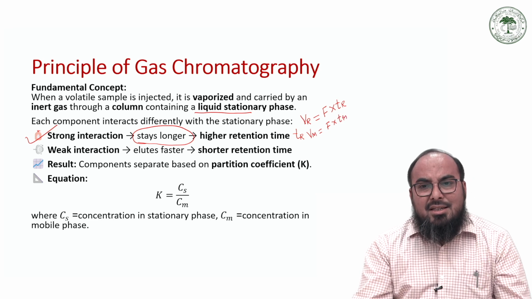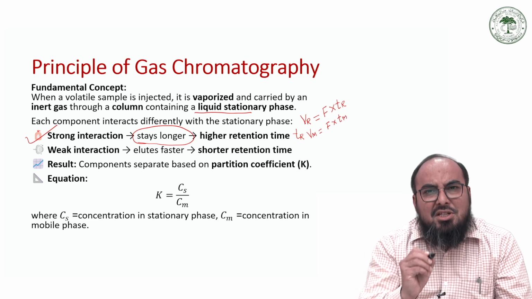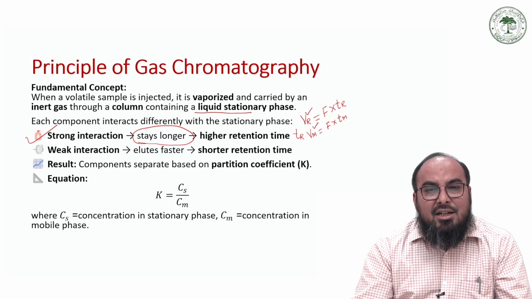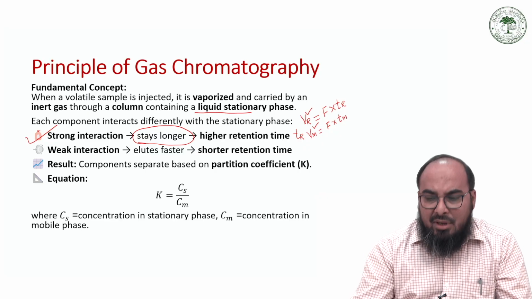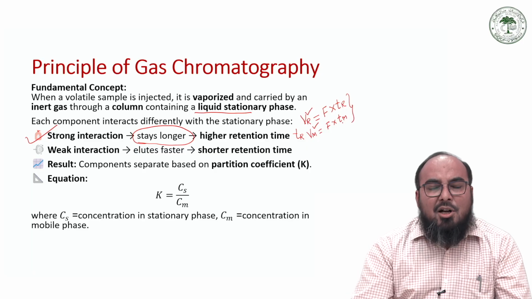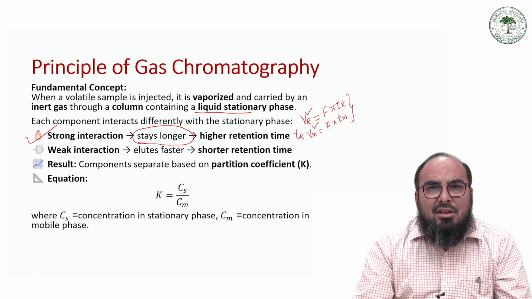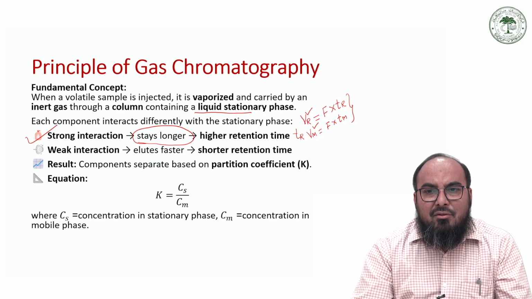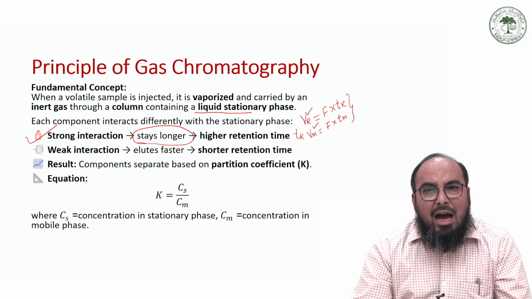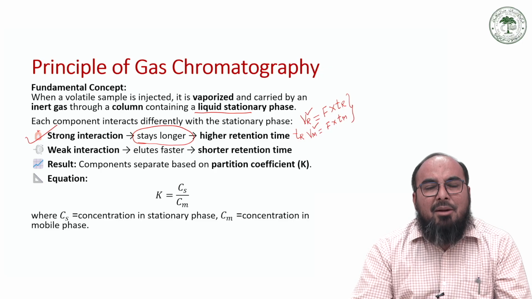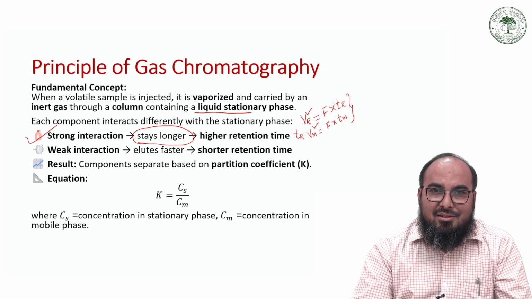So in certain cases while discussing GC we use these terminologies, VR and VM, instead of TR and TM, and this is the relationship between them. TR is the retention time and VR is the retained volume. Similarly, VM is the unretained volume and TM is the time taken by the mobile phase alone.